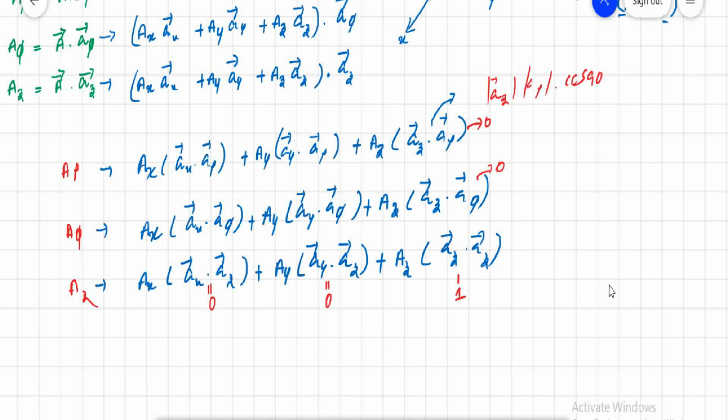Now let us have a table of the relation between your rectangular coordinates and your cylindrical coordinates. So no need to remember anything, just have an idea of the concept, of how we are getting the relation between your rectangular coordinates and your cylindrical coordinates.